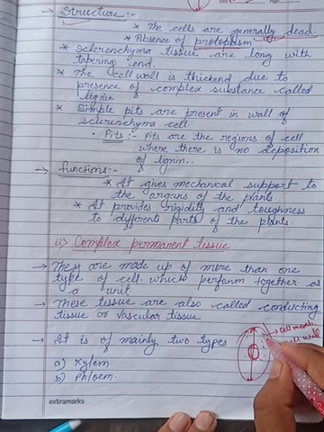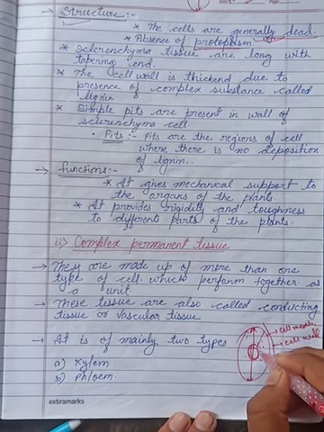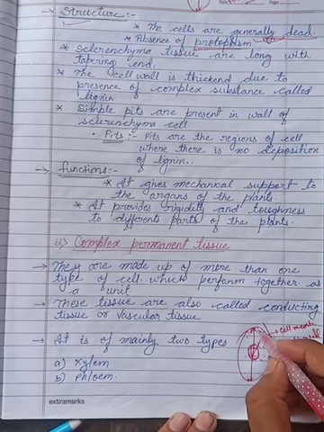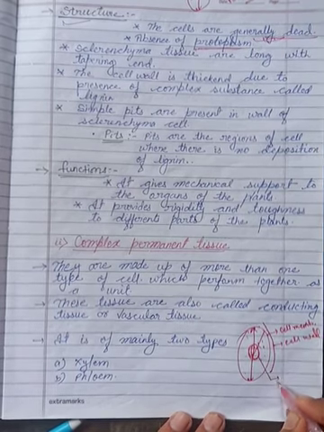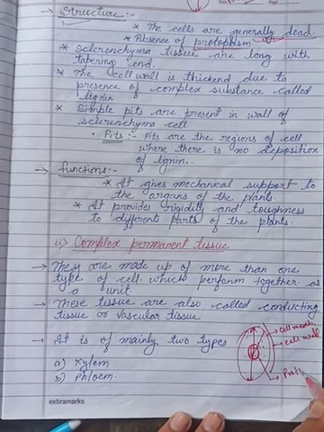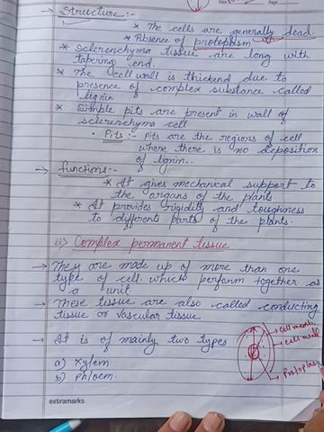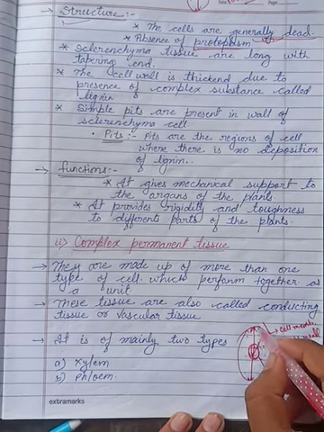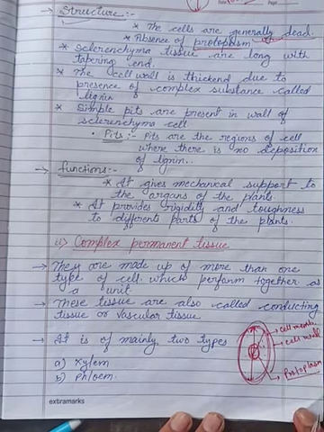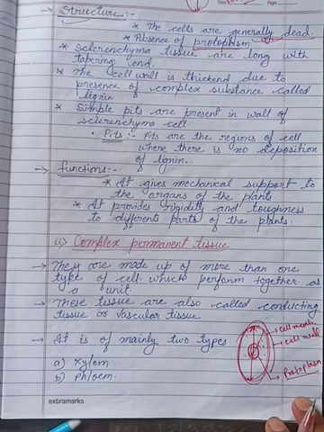These two parts, that means cytoplasm and nucleus, are called protoplasm. Protoplasm is the living component of cells. Is it clear?